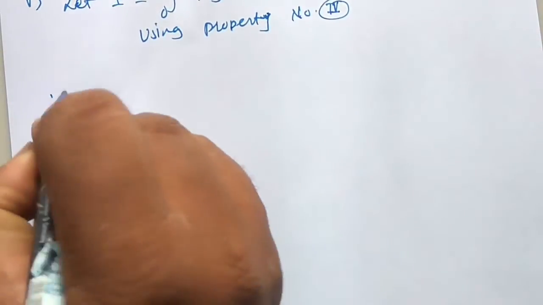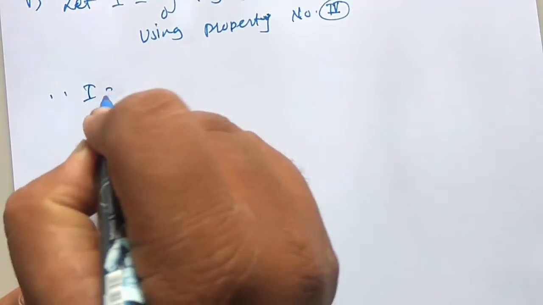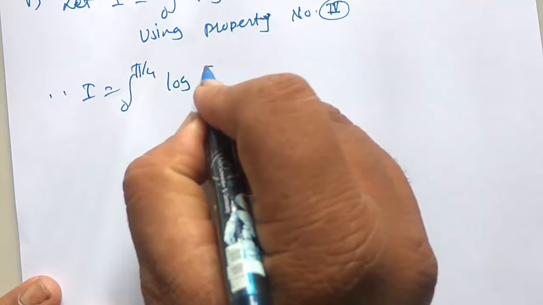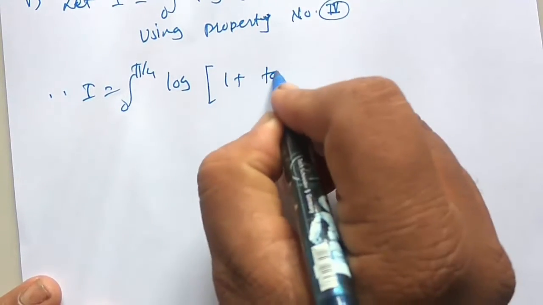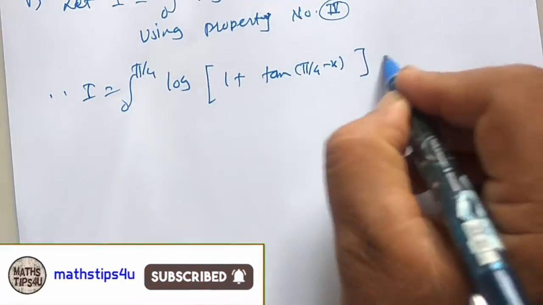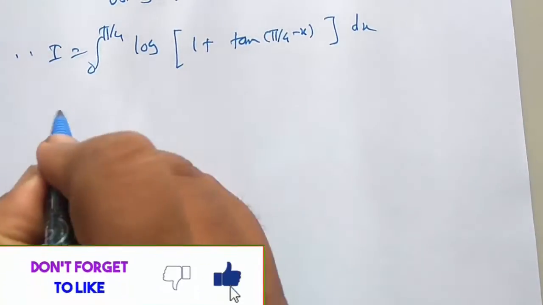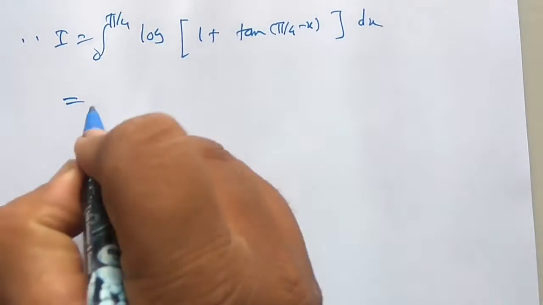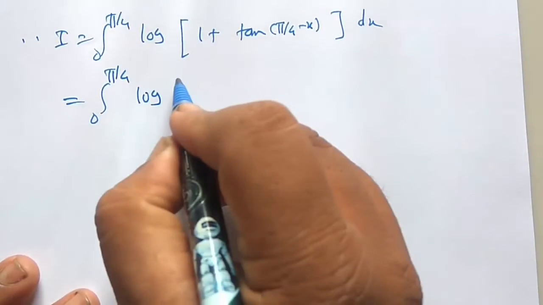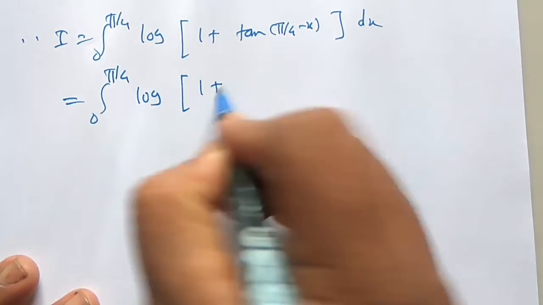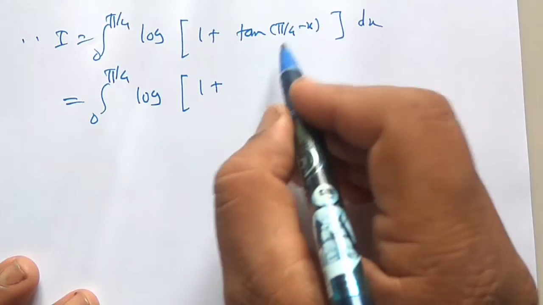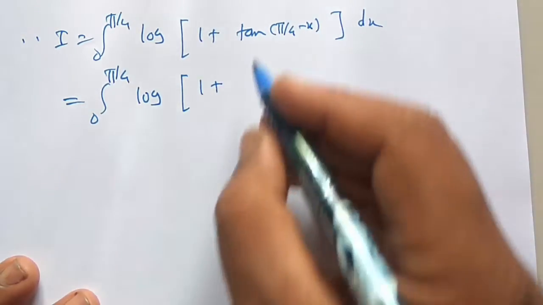Therefore I is equal to integration 0 to pi by 4 log of bracket 1 plus tan of pi by 4 minus x bracket complete dx is equal to integration 0 to pi by 4 log of bracket 1 plus tan of a minus b.